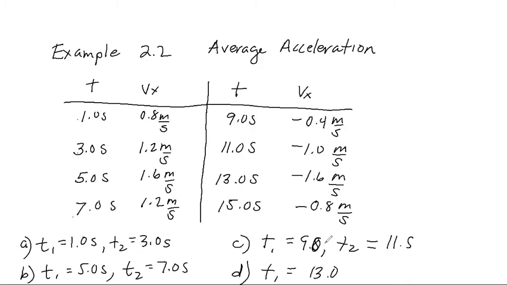This is 9.0 seconds, I stand corrected. And finally, right here, t2 equals 15.0 seconds. All right, so we are going to once again find the average acceleration and state whether the speed of the astronaut increases or decreases over these 2.0 second time intervals.